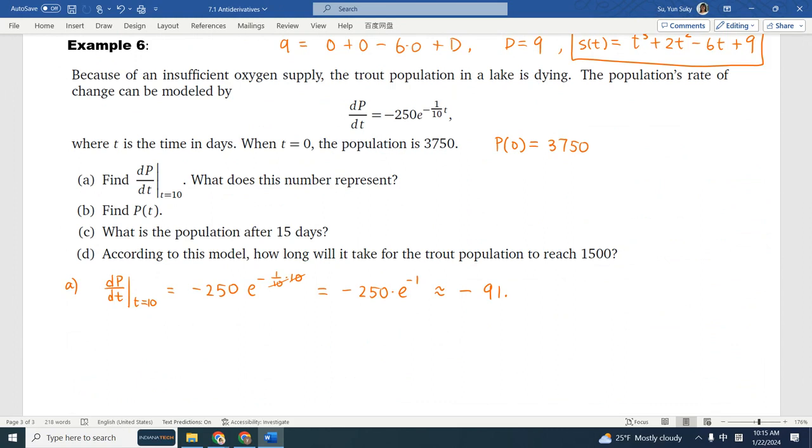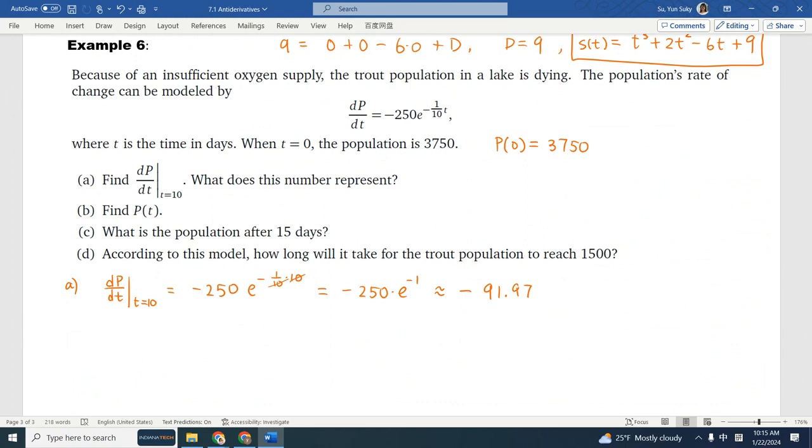Okay, thank you. Let's round this to a whole number because it's the number of fish. Oh, I think you messed it up. Yes, it's negative 91.97. Oh, sorry, my bad. Okay, 91.97. Thank you.